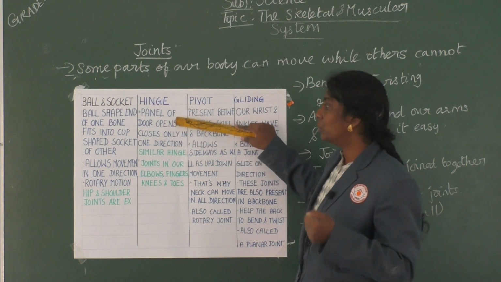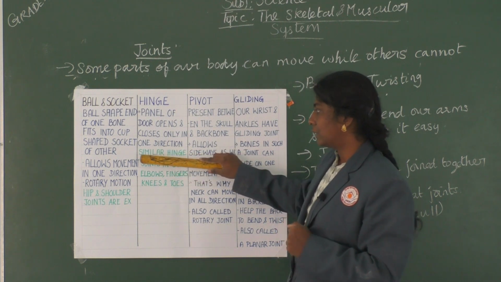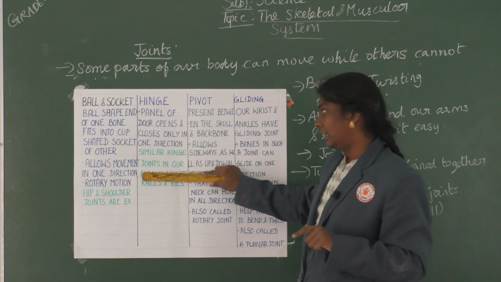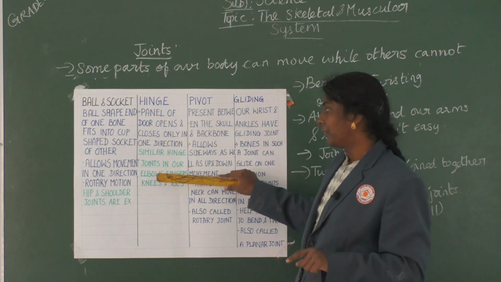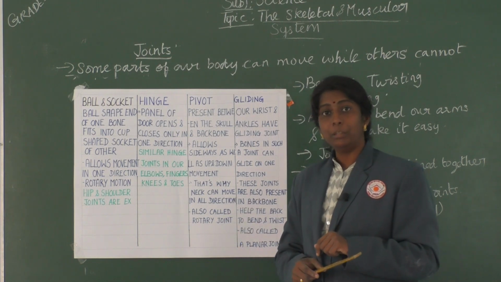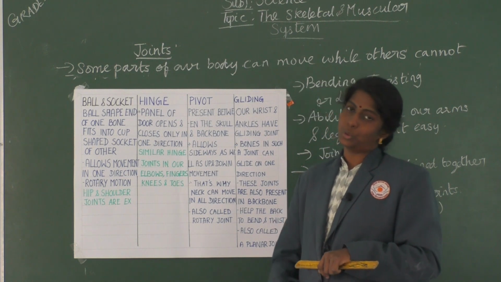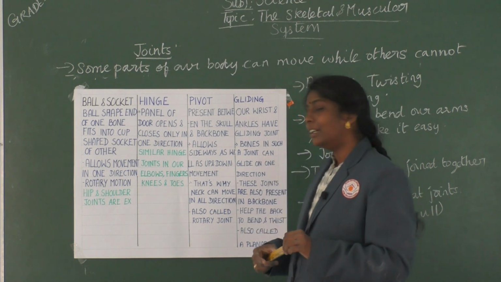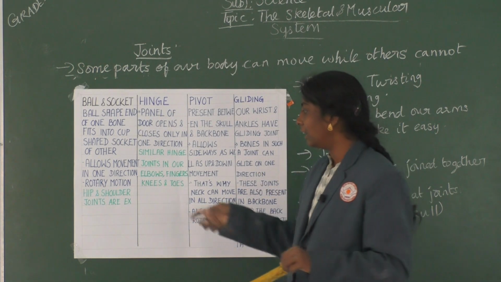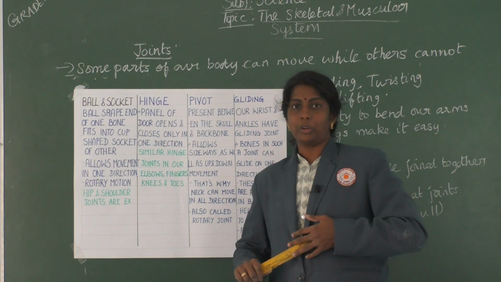We have similar hinge joints in our body like elbows, fingers, knees and toes. Here the movement will always be in one direction. So this is one example of a hinge joint.